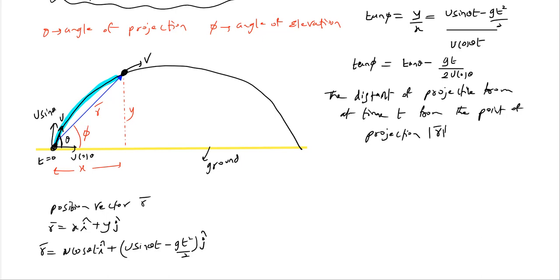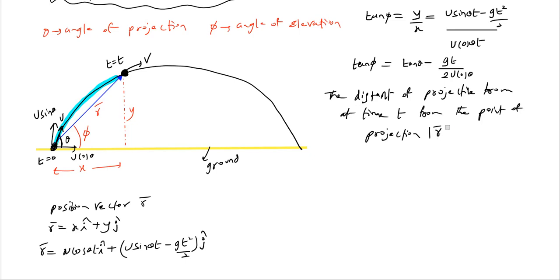This is called the distance of the projectile, meaning at what distance, at any time t, the projectile will be from the point of projection.